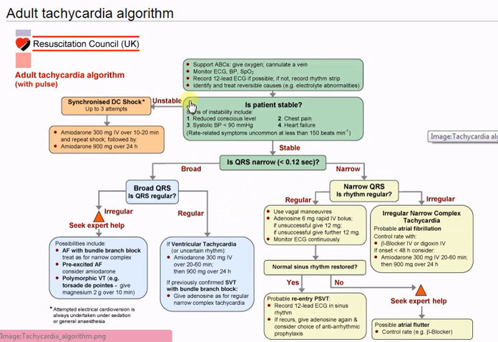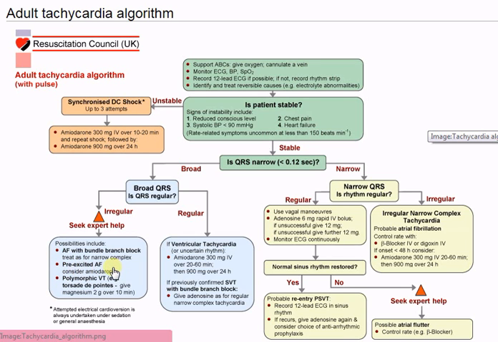Yes, the patient maybe has a dangerous situation like tachycardia with irregular broad QRS, but the patient has pre-excitation. Example: Wolff-Parkinson-White syndrome.